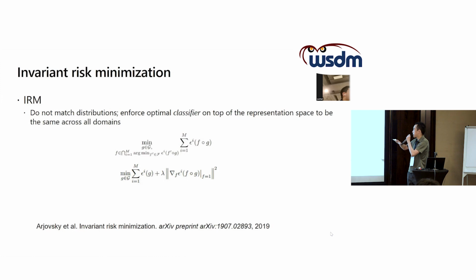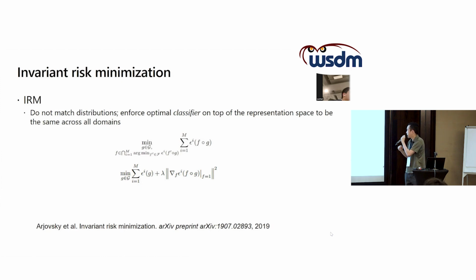In other words, we have two variables to minimize: one is the feature learning, and one is the classifier. What we expect is to learn an invariant feature on which we can impose a unified classifier which can be generalized to all the domains.